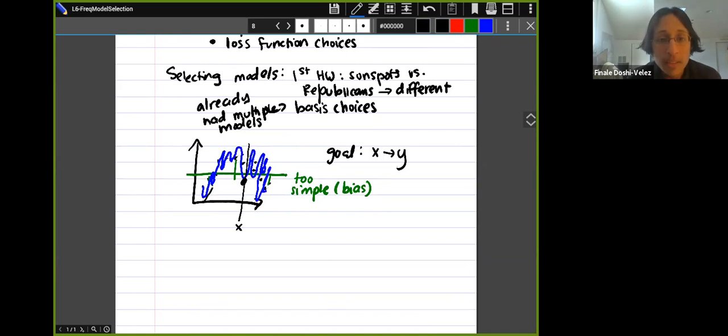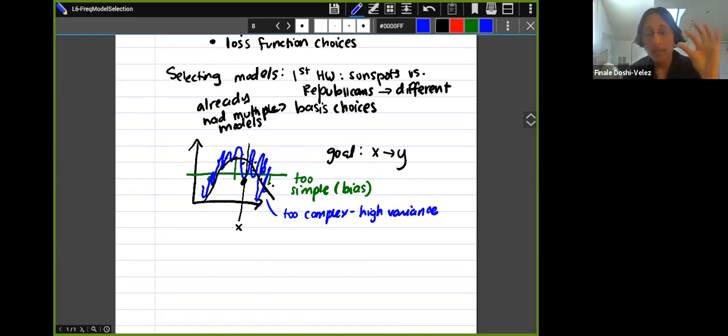And that does not seem to be fitting the overall trend in the data at all, right? So I'm getting a bad guess, even though I have a more sophisticated model. And my issue here is that it's too complex, and this is giving me high variance. We're going to make this precise, but for now, this should match your intuition from what you've seen in homework 1.4.